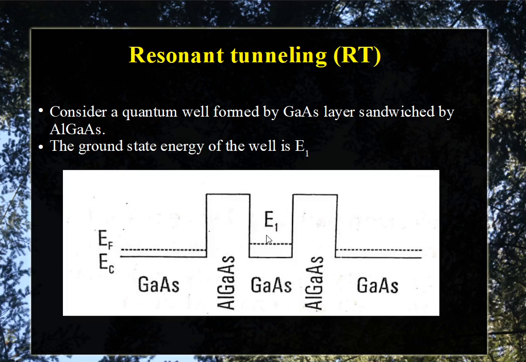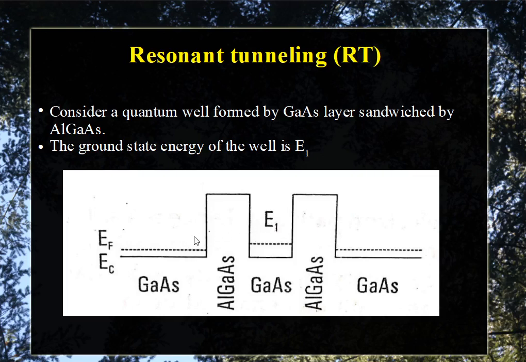Even without an electric field, there will be tunneling. When you apply an external electric field, you are supplying more and more electrons to gallium arsenide. So the movement of electrons increases, and tunneling increases based on the applied voltage. If you increase the voltage, more and more electrons will cross.